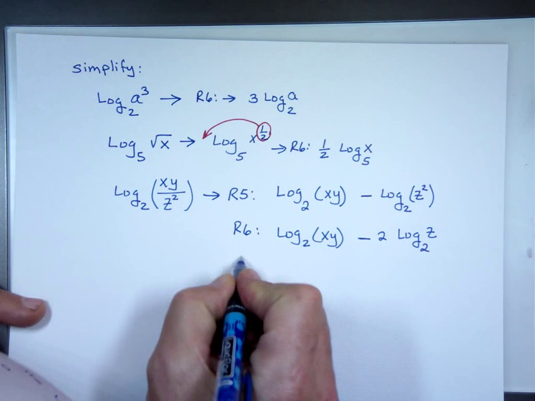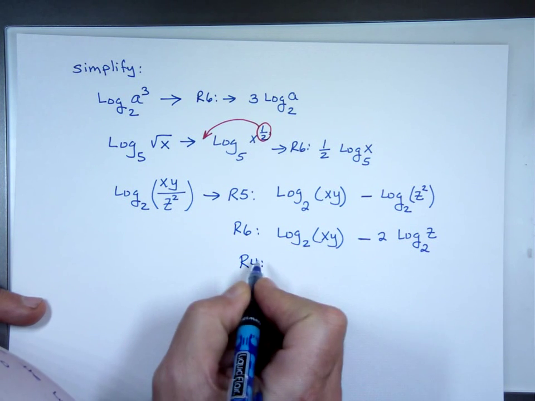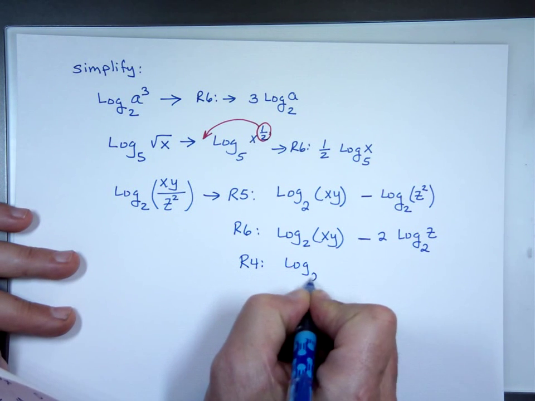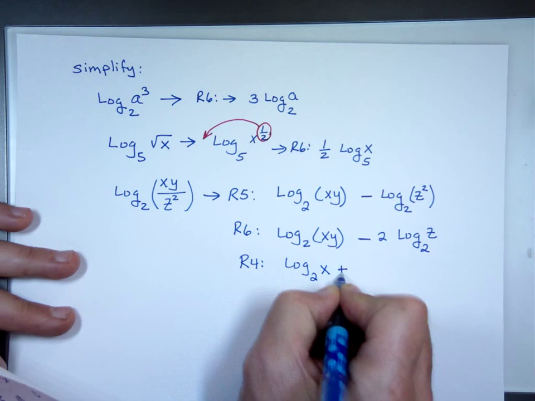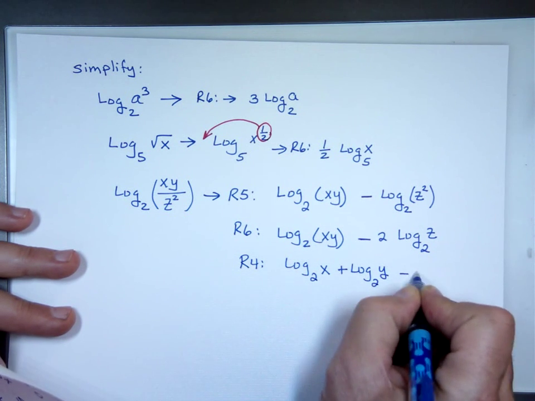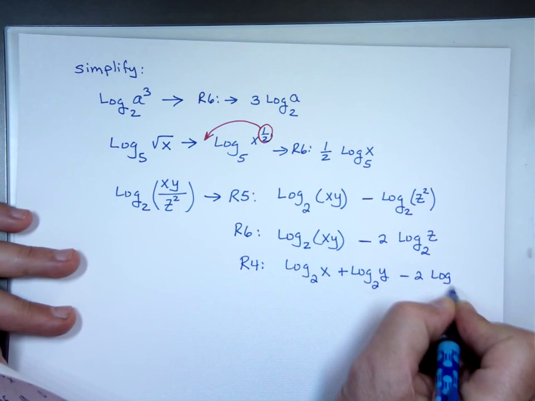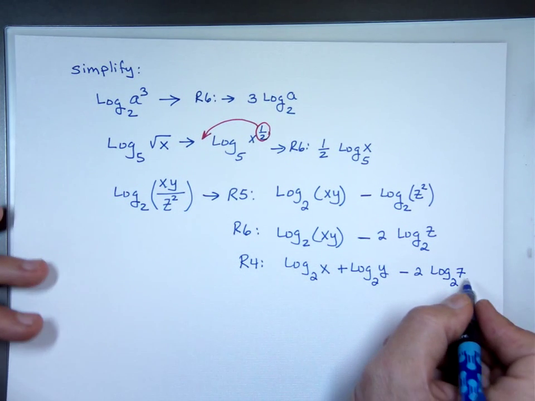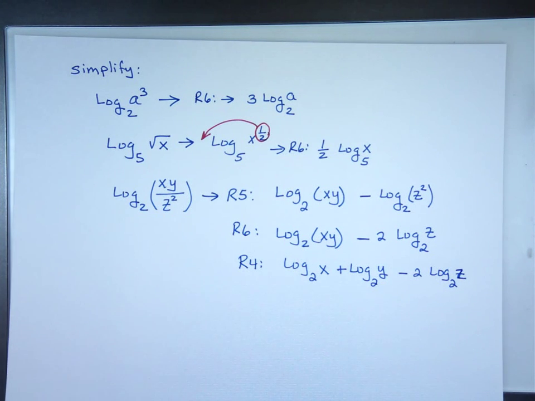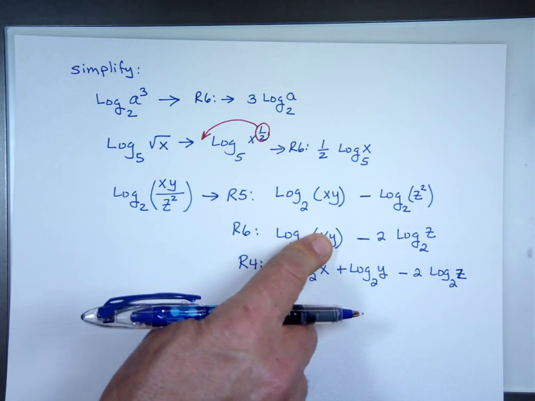It says 7. There is no rule 7. Okay. Log base 2 of x plus log base 2 of y minus 2 log base 2 of z. Oh, z, I'm sorry. That's what you meant, I think. That's a z. That's as far as I can go with this problem. I could have done the multiplication before I used that rule 6 there, and that's fine too.